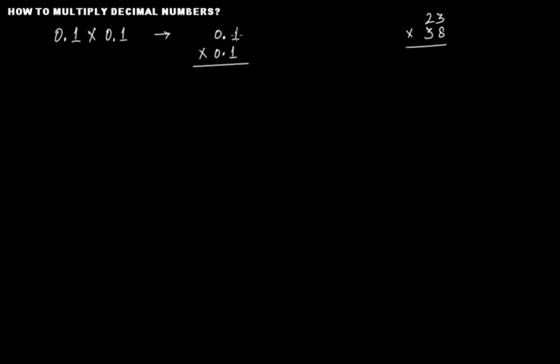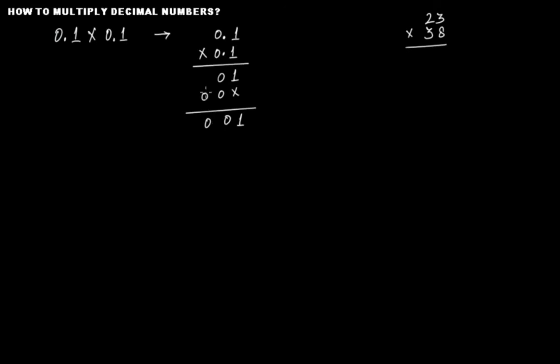So if I multiply 1 with 1, you'll get 1. 1 times 0 is 0. Then 0 times 1 is 0. 0 times 0 is 0. So if you add all these, this will be 1 and 0 and 0.